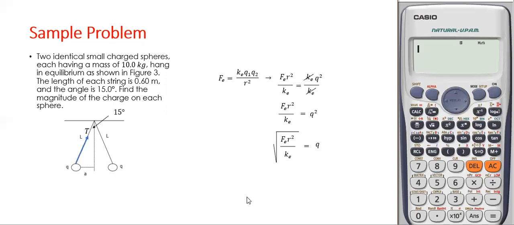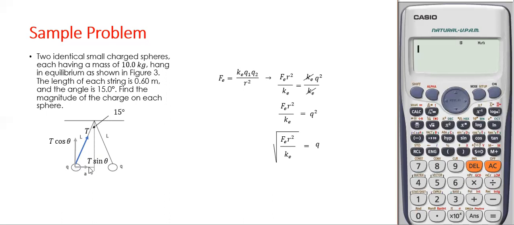So the next thing na kailangan natin gawin is to determine the electric force. At paano natin yung gagawin? First, we have to identify all the forces acting on the charged spheres. In this case, meron tayong tension force kasi meron tayong string, pataas siya, and then i-divide natin siya sa kanyang component. We have T sine theta and T cosine theta.